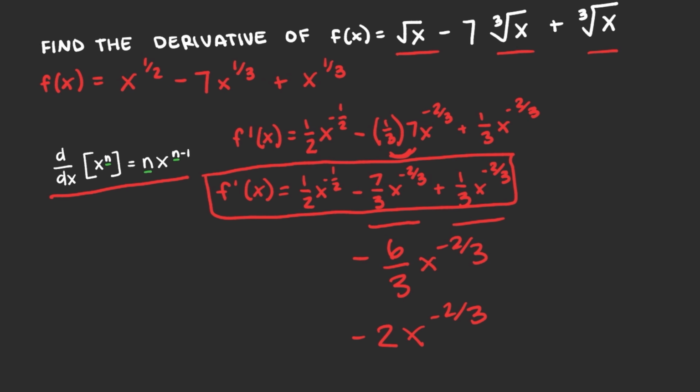So simplified, our final answer would be f prime of x equals 1/2 x to the negative 1/2 power minus 2x to the negative 2/3 power.